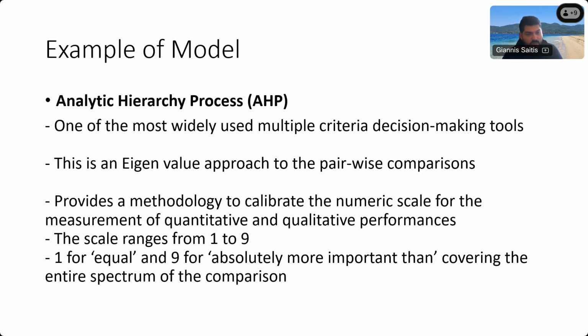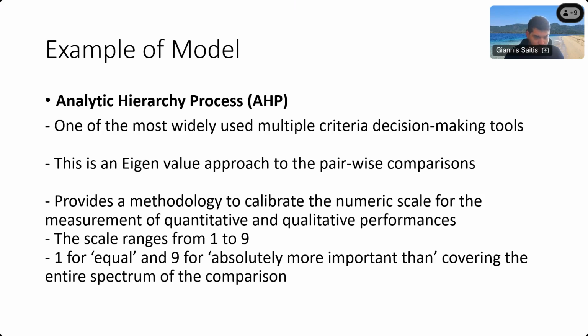The scale of this model's values goes from 1 to 9, and this scale, as I mentioned, is a pairwise comparison, so you will have to compare each variable or criteria, whatever, between them. So if the quality is equal, then you will have to put 1 as a value.